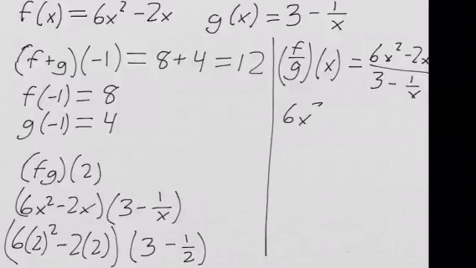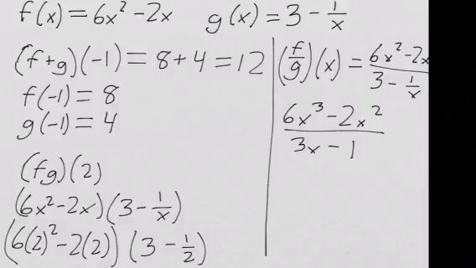So I get 6x cubed minus 2x squared over 3x minus 1. Now, one thing I want to be careful of when I do something like that, I multiplied by a denominator. Got to be careful about that denominator being 0.